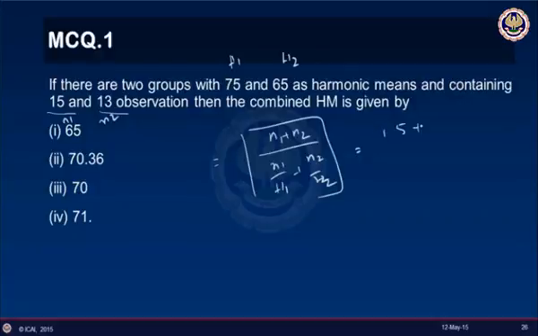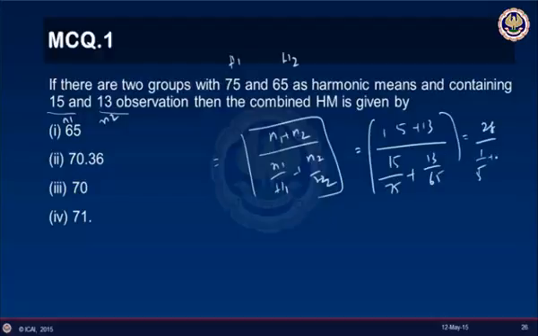Now look at (15 plus 13) divided by (15 by 75 plus 13 by 65). This will be 28 by (1 by 5 plus 1 by 5). This is 28 into 5 by 2, and 14 5s are 70.